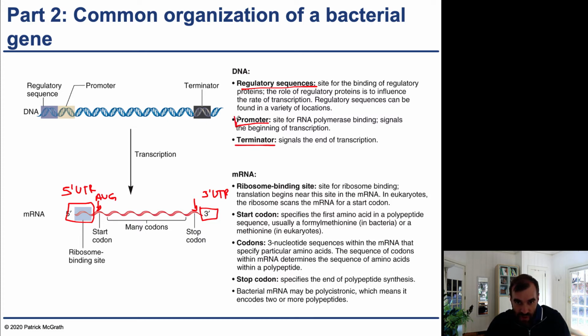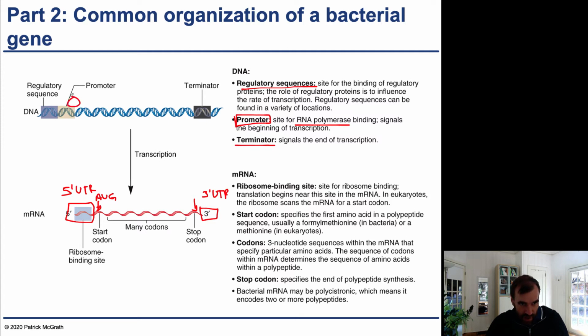The promoter region is what is used to indicate where the mRNA should start. This is a site for initial binding of an RNA polymerase. The RNA polymerase is the enzyme that transcribes the DNA to produce the mRNA molecule, and it signals both this initial binding and then the initiation of transcription.